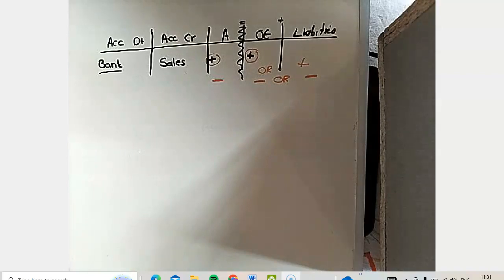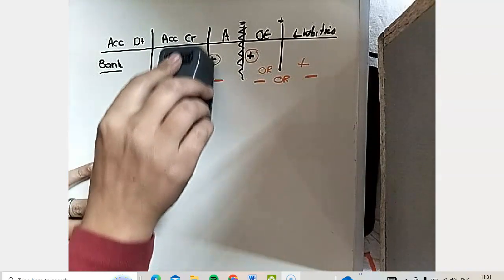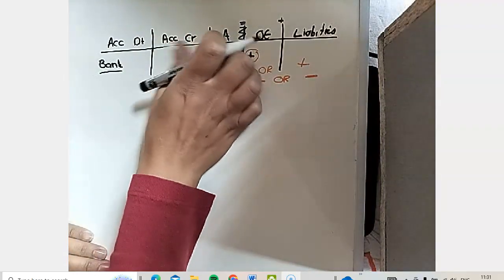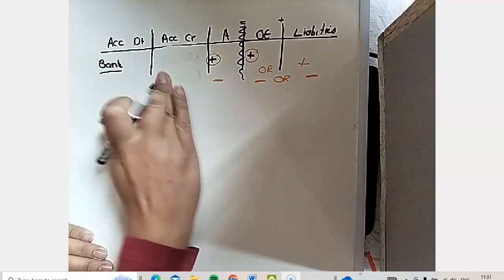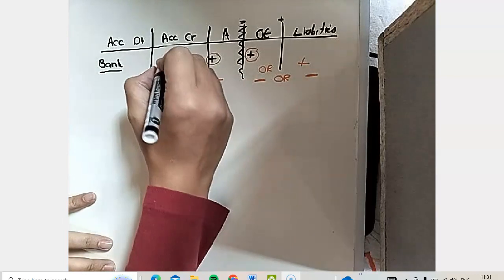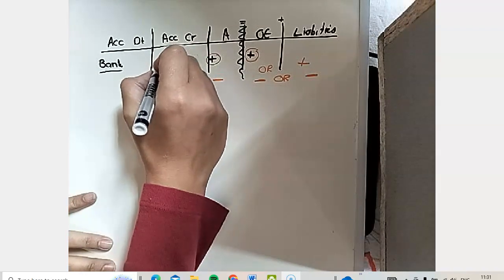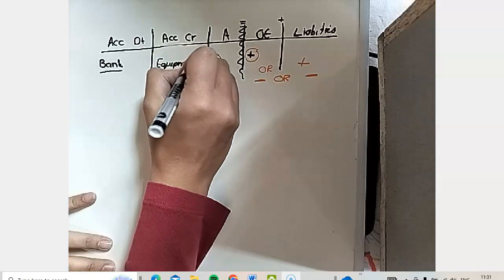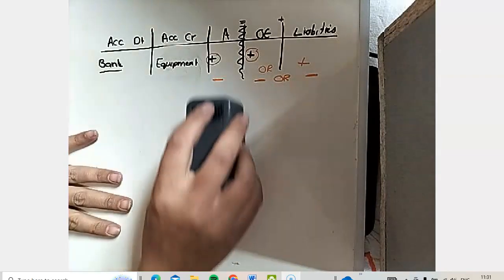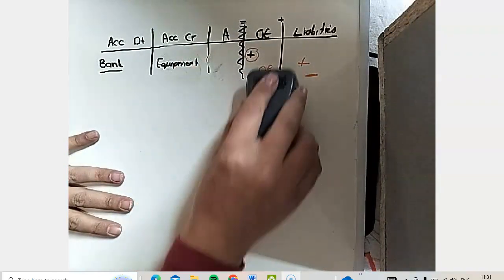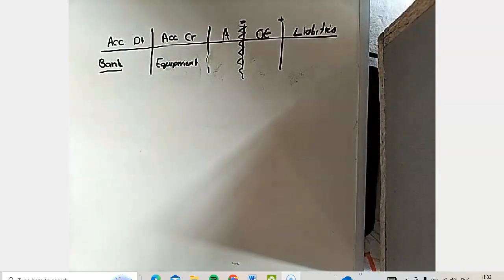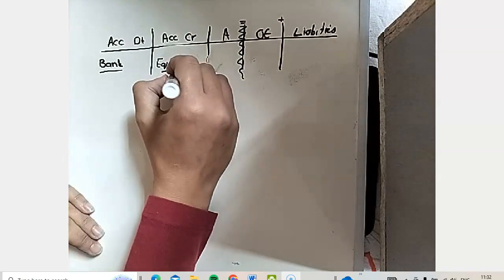But now you sometimes get the following one that is not sales, but you get vehicles or equipment. So let's say, for example, in this instance, it was equipment that you sold. Is equipment an asset, a liability, or an owner's equity? What do we classify equipment as? We classify equipment also as an asset.